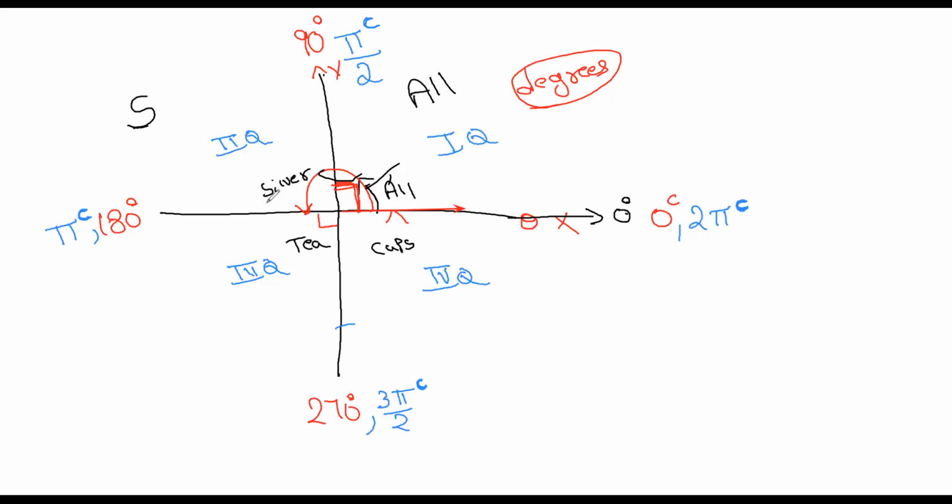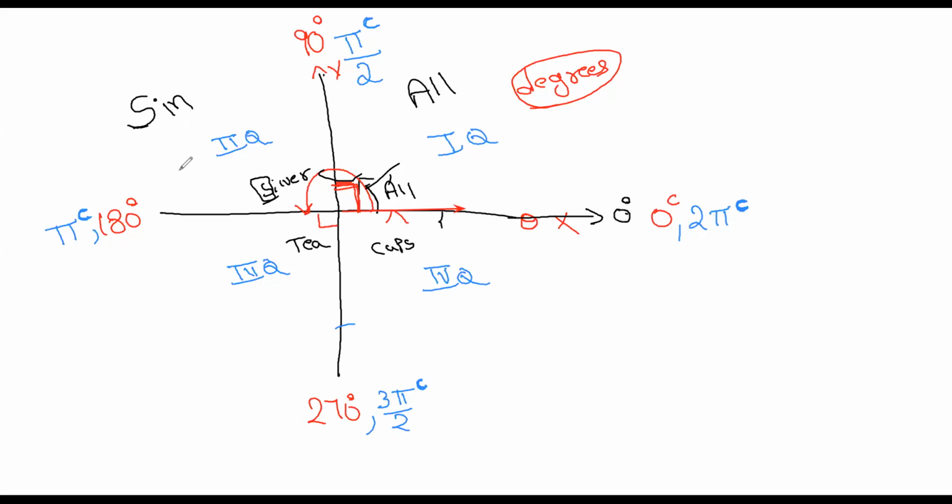Here silver, that is S. S starts with sine, right? So all sine values are positive. Other than sine, all are negative. If sine is positive, then the inverse of sine will also be positive. What is the inverse of sine?